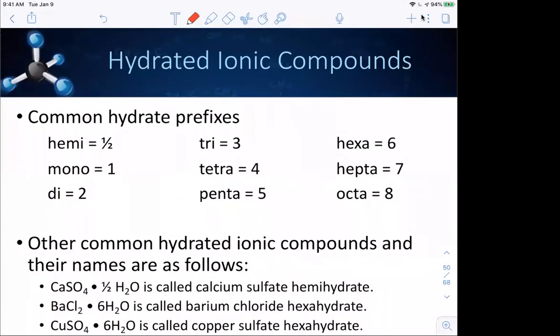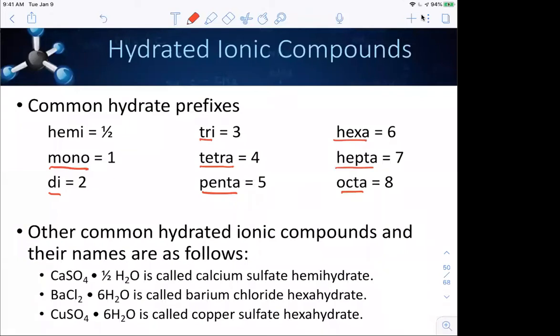So the common hydrate prefixes are mono equals 1, di equals 2, tri equals 3, tetra equals 4, penta equals 5, hexa equals 6, hepta equals 7, octa equals 8. These are pretty standard prefixes that you've probably already been exposed to.